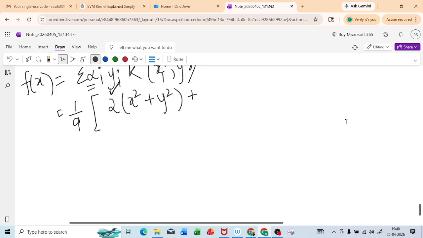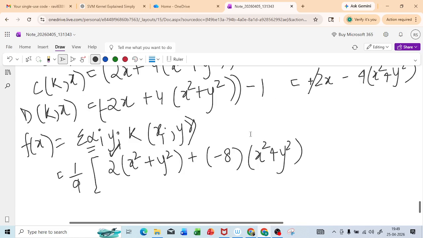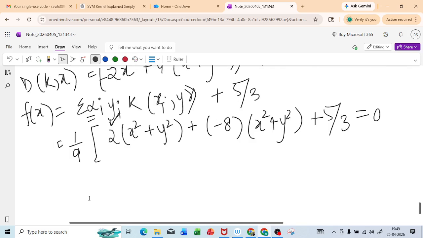So this would be minus of 8 x square plus y square, and obviously we had the b term as well, and b term was 5 by 3, equal to 0. So minus 8 plus 2, 2 minus 8 is minus 6. So this becomes minus 6 by 9 into x square plus y square plus 5 by 3 equal to 0.